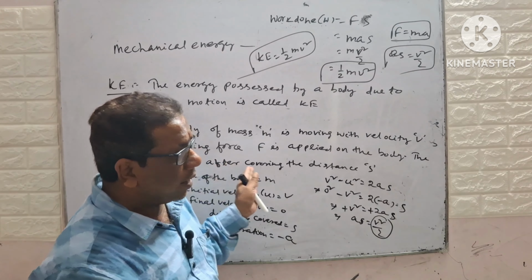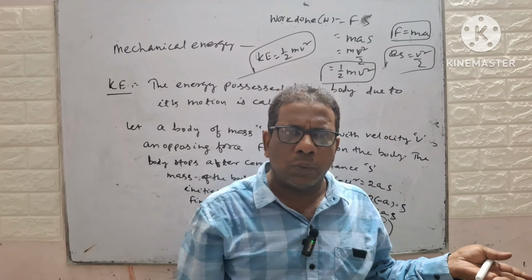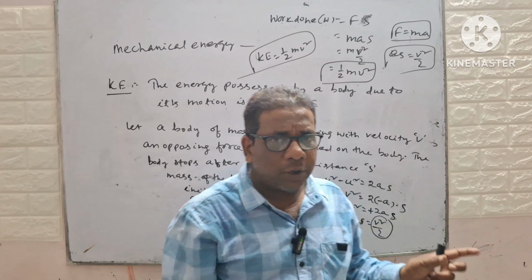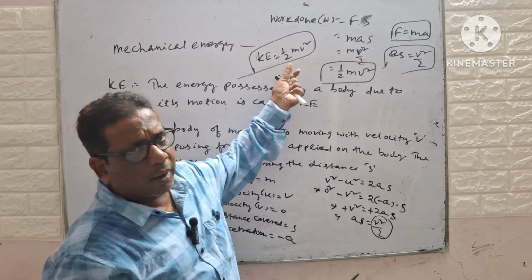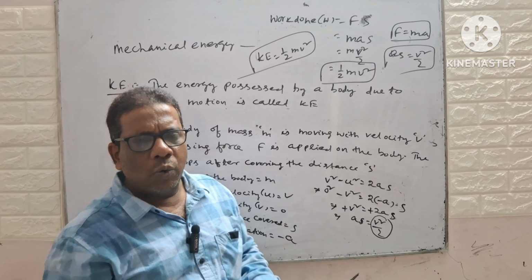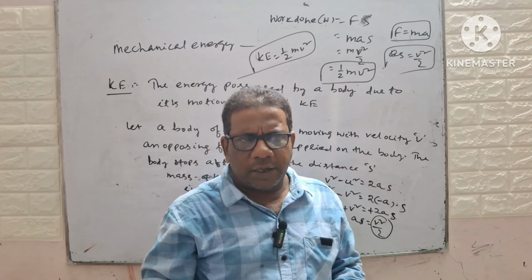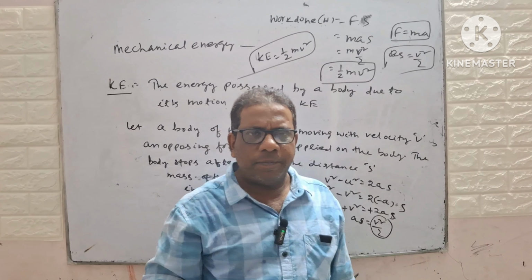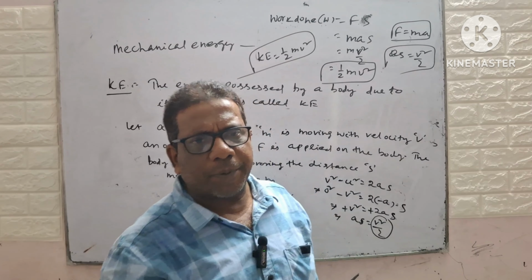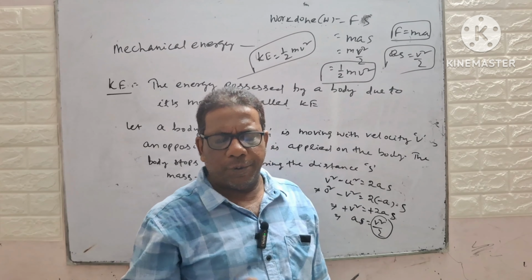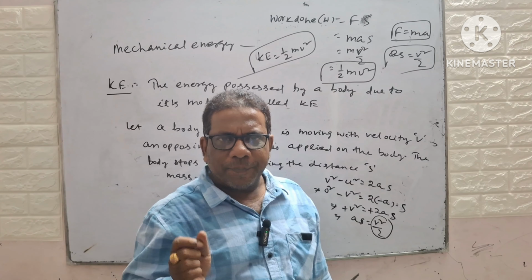And what is kinetic energy and how can we measure it? What formula should we use to measure kinetic energy? In the next classes, we will discuss other things: potential energy, work energy theorem, law of conservation of energy, various things we will discuss in the next video. Bye.